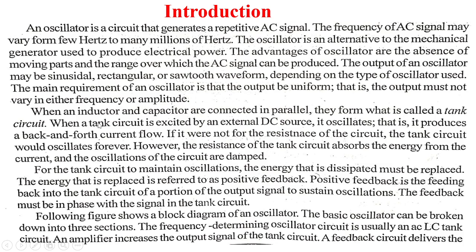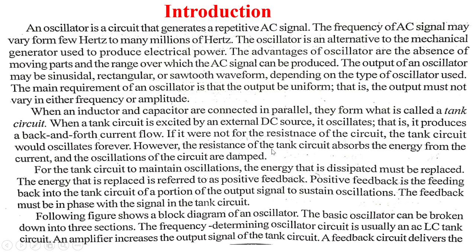When a tank circuit is excited by an external DC source, it oscillates. That is, it produces a back and forth current flow. If it were not for the resistance of the circuit, the tank circuit would oscillate forever.